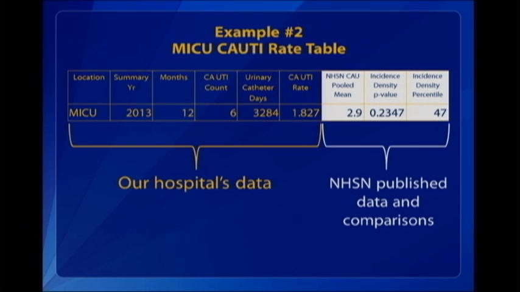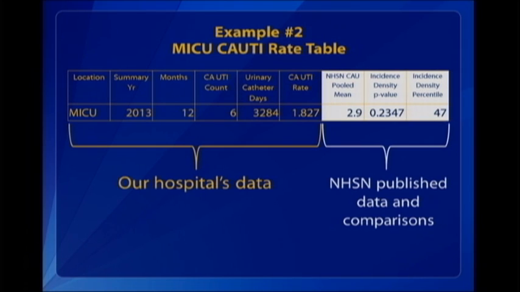So when we run the rate tables, I've just taken out one location, the medical ICU, because it's easier and less busy for us to work through. When you get the data out of NHSN in a report, we have columns in white and columns in yellow. Here, we've got columns in blue and columns in white.